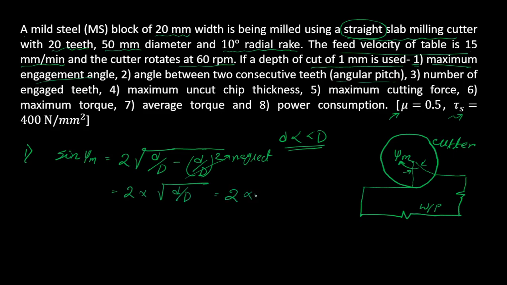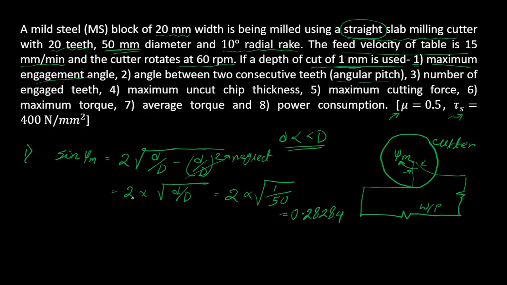So now let's put in the values. Small d is given as 1 millimeter depth of cut, and the diameter of the cutter is 50 millimeter. If you calculate this value, you will get around 0.28284.